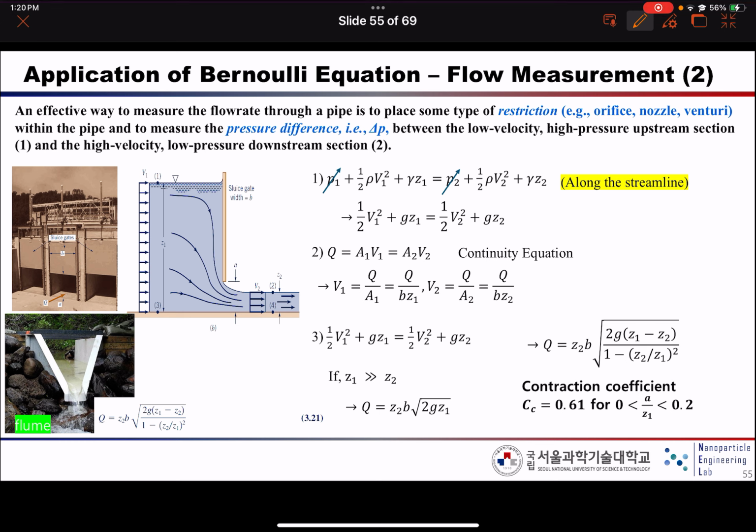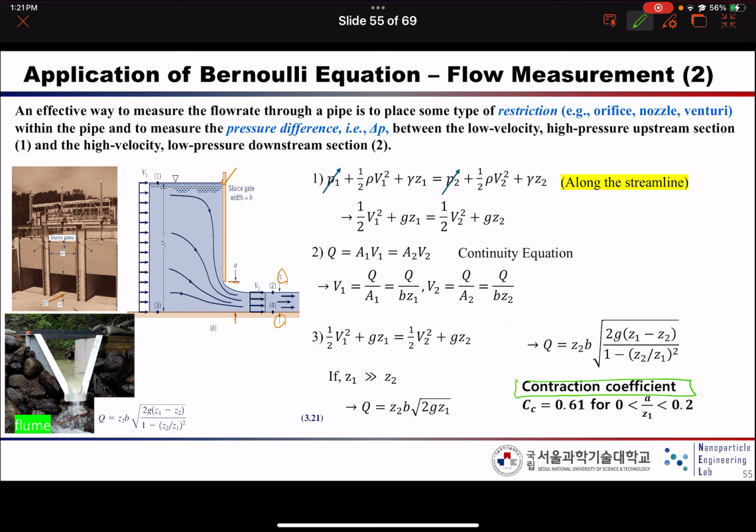So another application of the Bernoulli equation is flow measurement in this kind of gate. In this gate, as you can see, the area is a little bit different. So in that case, we should use the contraction coefficient concept as well.